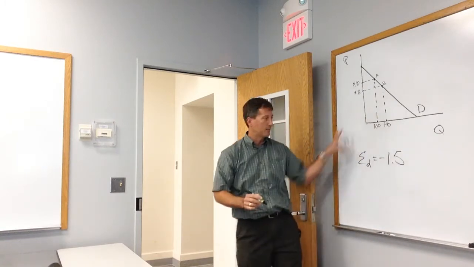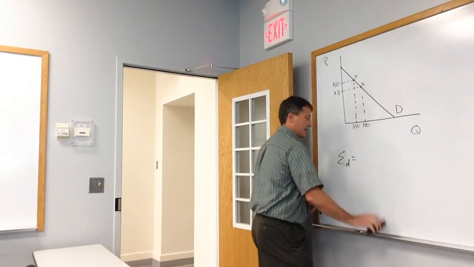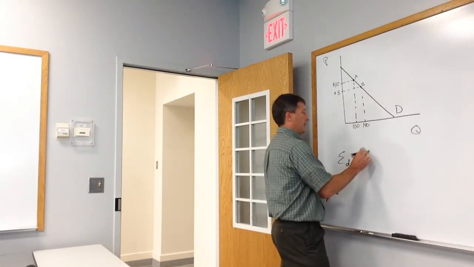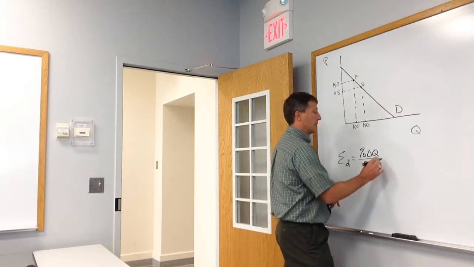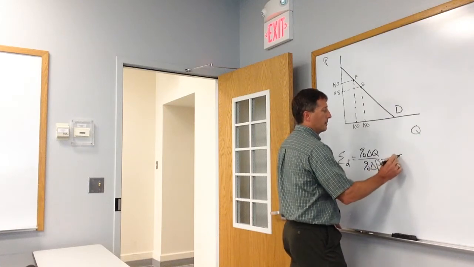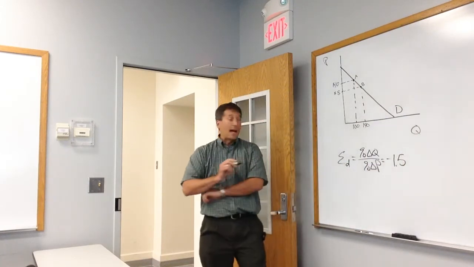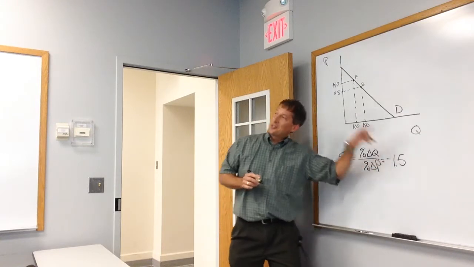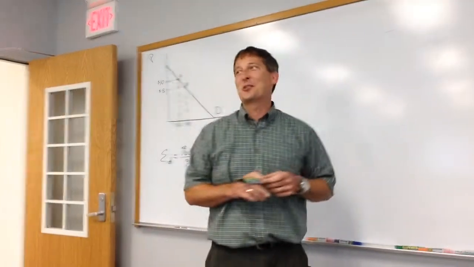Since you guys have that formula all written out, it's probably worth me doing at least the first step of it: the ratio of the percentage change in quantity over the percentage change in price equaled negative 1.5. That is a number that measures the responsiveness of quantity demanded to a price change.